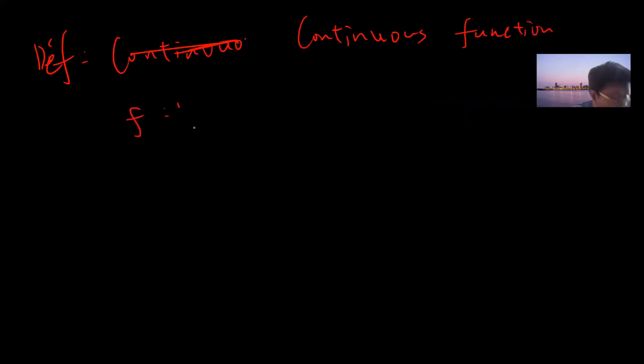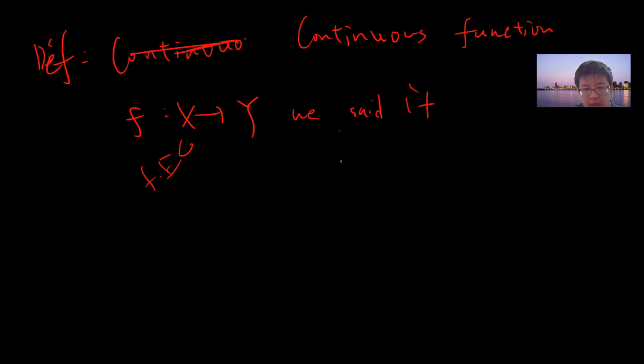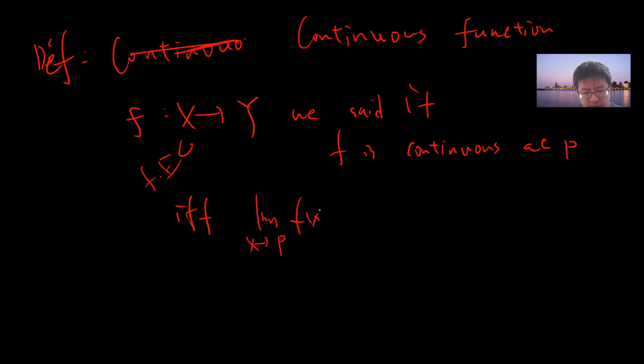Define a continuous function. Okay, so f is also on a metric space, and suppose you only focus on some subset. Then we say that f is continuous at p if the limit as x approaches p of f of x is the same as f of p.